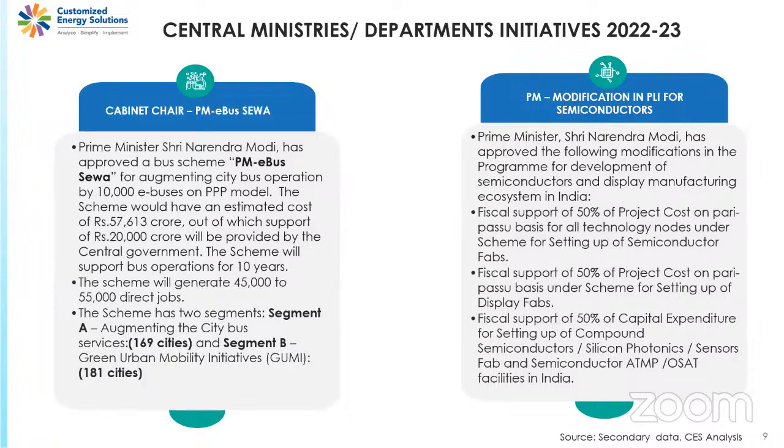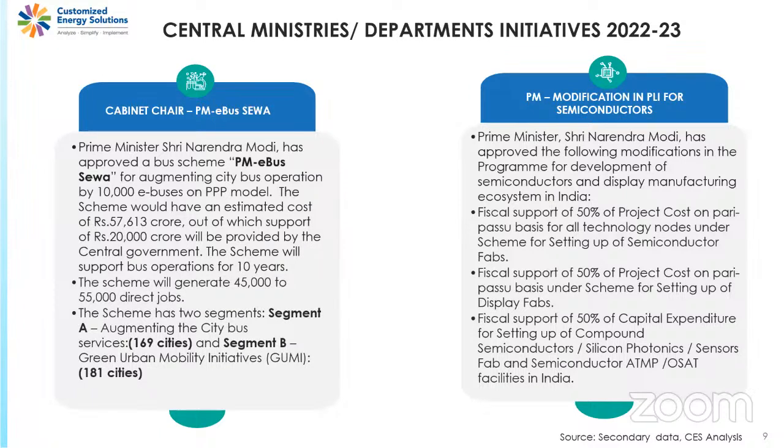Again, our Prime Minister made some modifications in the PLI scheme for semiconductors. Let's look at what the modifications were. For semiconductor fabrication, fiscal support of 50% of the project cost will be provided by the government.